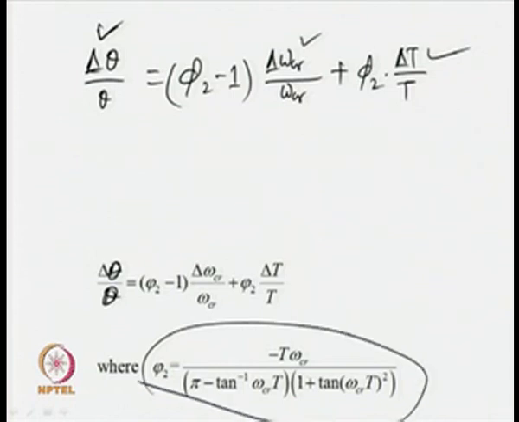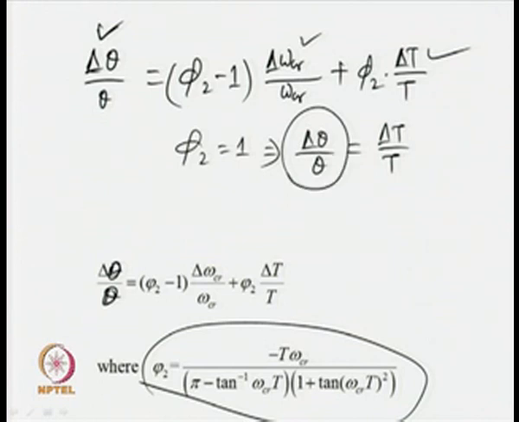Now, can you have very small or very large phi 2 values? When phi 2 equal to 1, what happens? When phi 2 is equal to 1, then delta theta upon theta will be equal to delta t upon t.